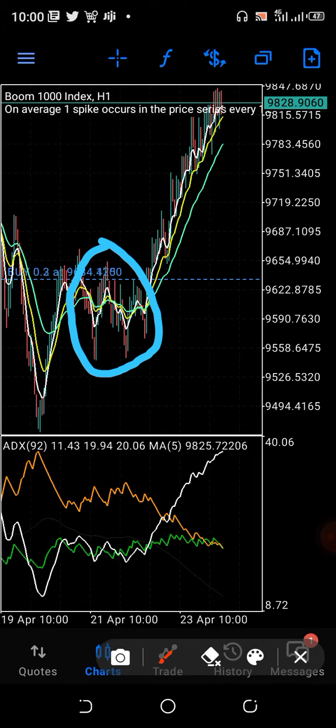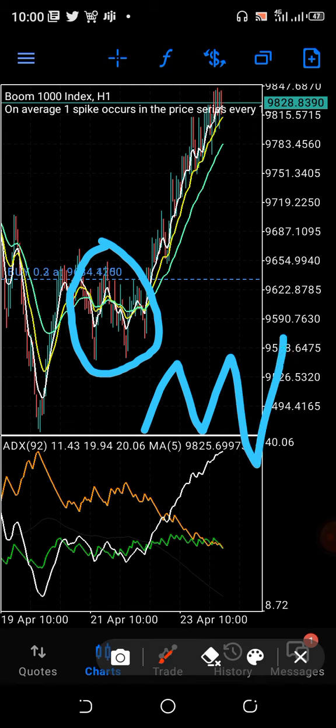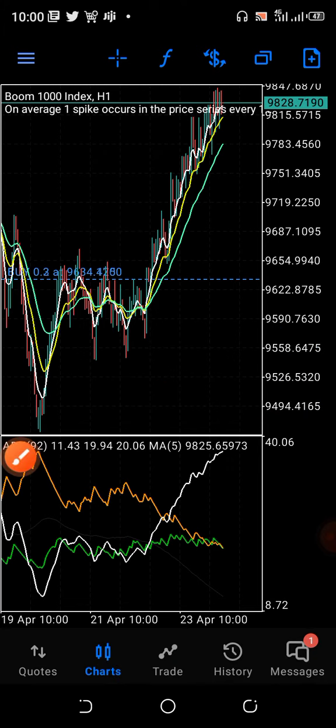Then it will go back. It will do as if it will cross it, and then come back again. It will be doing something like this. That is what you'll be seeing. It will not cross any of the lines, and even if it crosses, it will be a little one like what you're seeing here. So once this happens in this manner, what you need to do is stay clear.